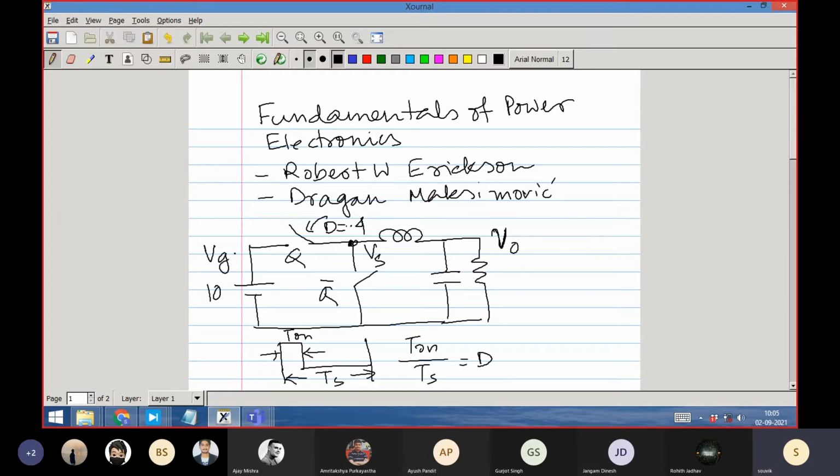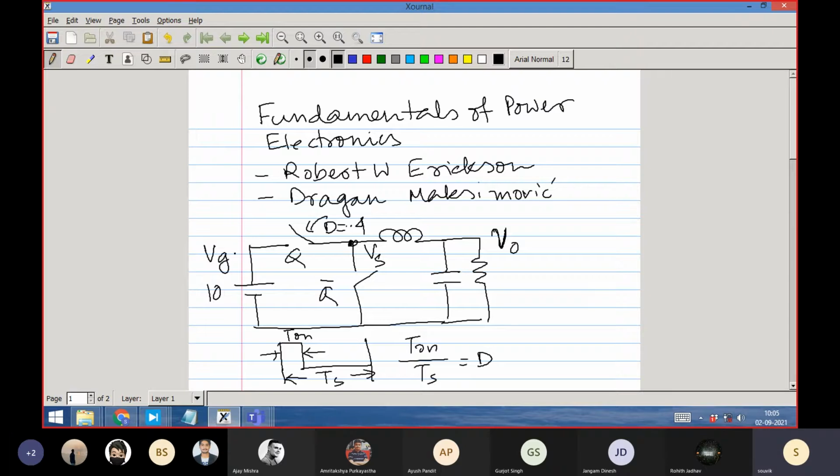At the input node the average value of the voltage is 10 volt, that is the supply voltage. But at Vs, the average value will be 10 into 0.4 is equal to 4 volts. Even though the instantaneous levels of the voltage are either 10 volt or 0 volt. It is 10 volt when Q is on, or 0 volt when Q bar is on, right?